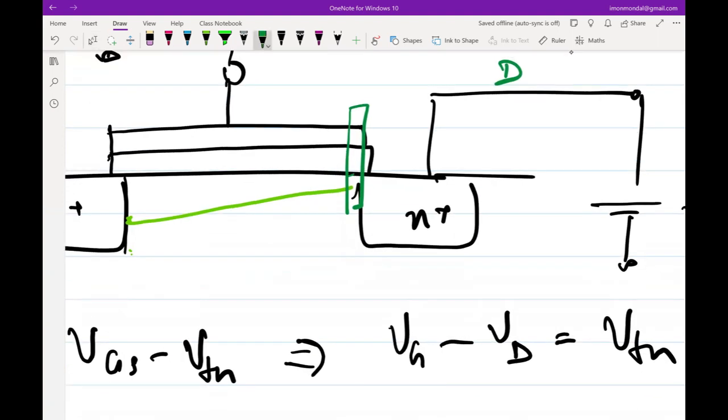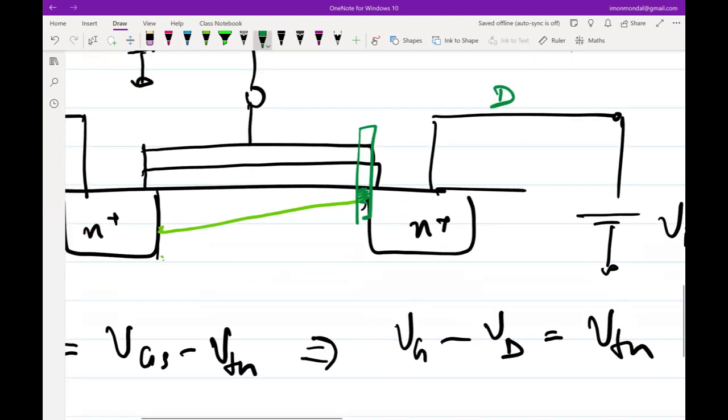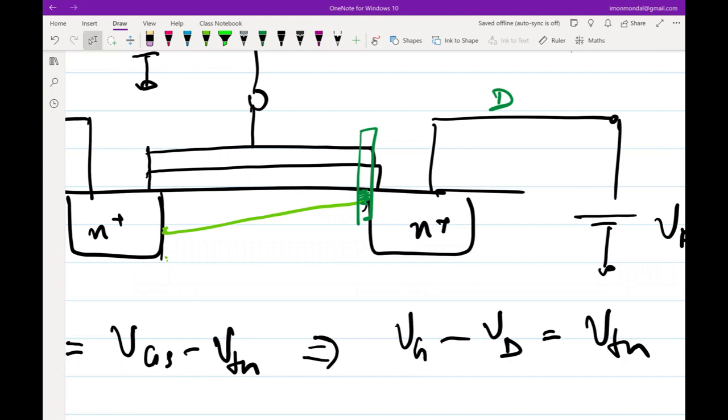So all this sliver is saying is that the difference between the gate and the drain voltage, or the difference between the gate and the channel, at that particular sliver has reduced to threshold voltage. And by the very definition of threshold voltage, what do we know? That when VGD, or the voltage between the gate and the channel, is equal to threshold voltage or lower, I don't have any mobile carriers.